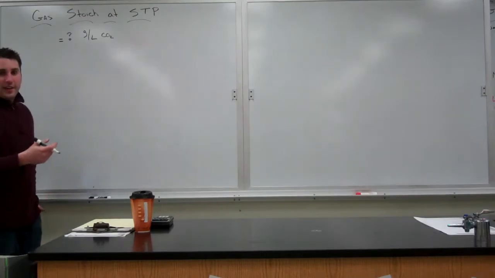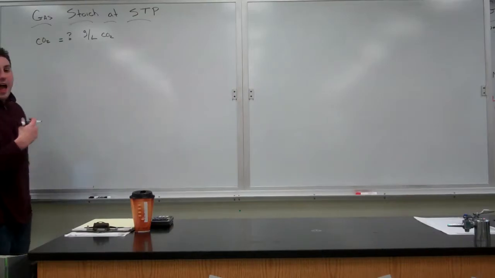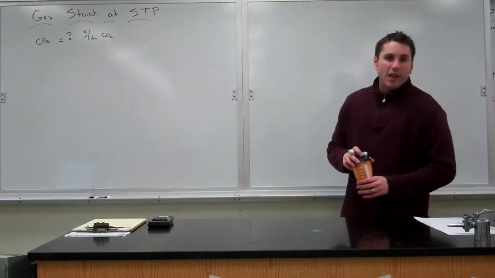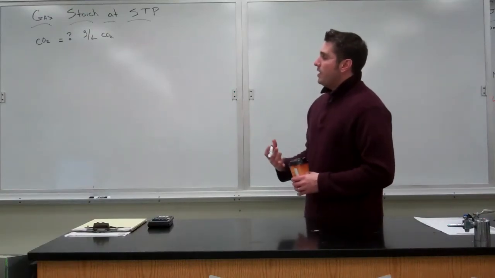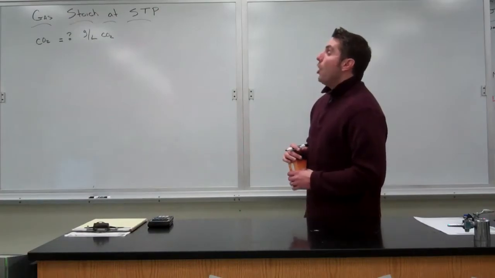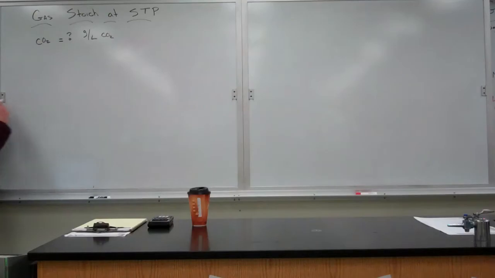If I'm not given anything except for the identity of a gas, I have to create a number, right, that I can work with to begin. And most often, whenever we have the identity of a molecule, identity of a substance, we can go to the periodic table to get some numbers.